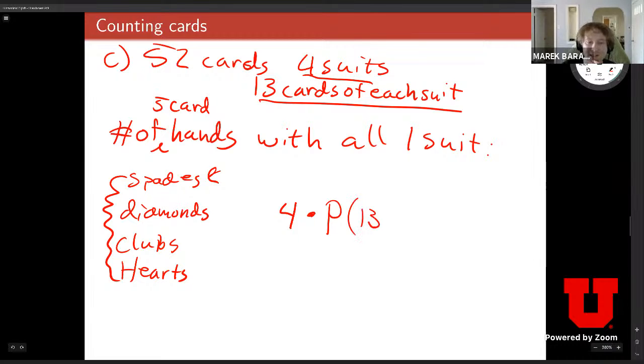So we have 13 spades, and we're choosing 5 of them. So that's equal to apparently 617,760.